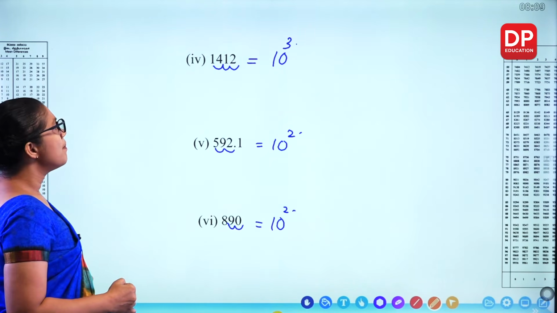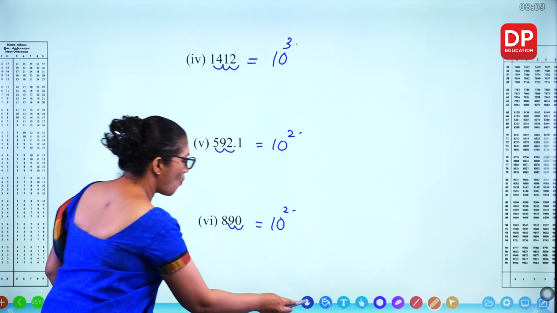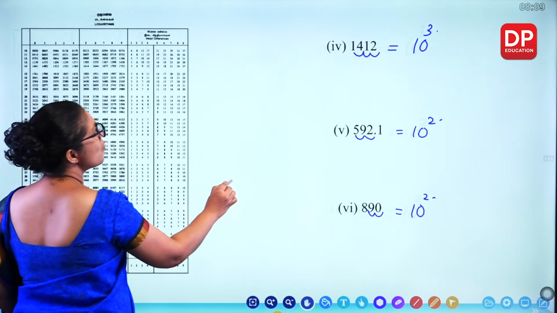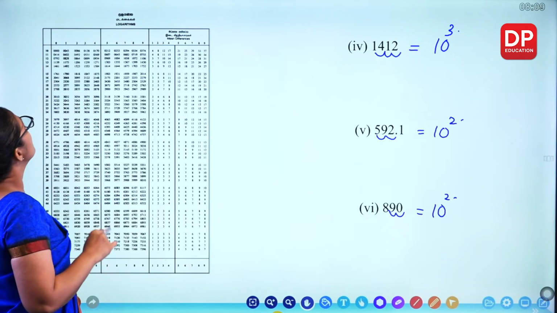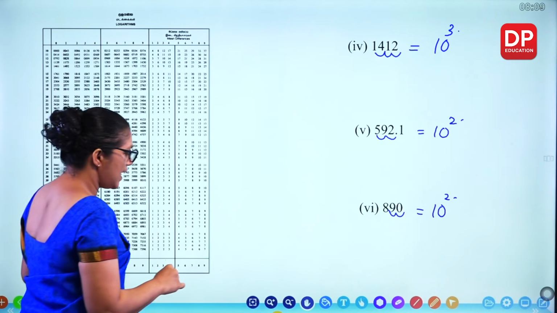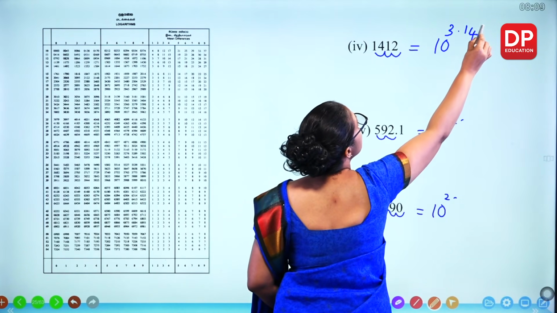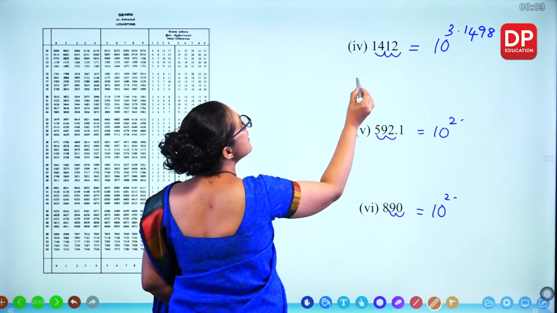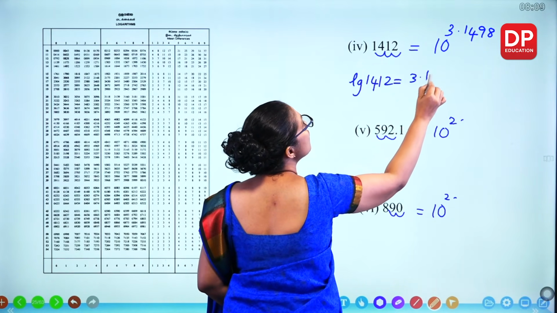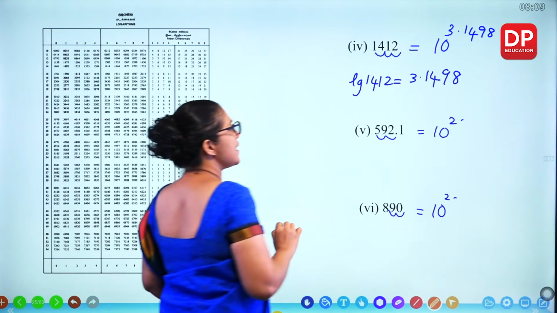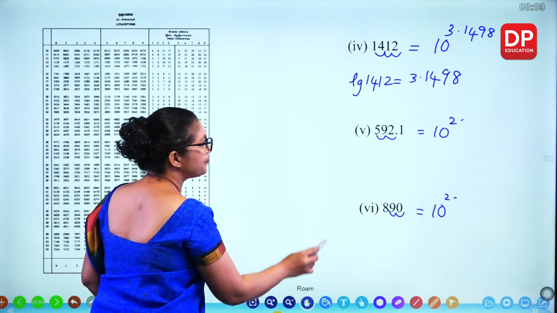Now find out the mantissa value using the log tables. 14, 1, 2 is 6. So 1498. So what's the log value? LG of 1412 is 3.1498.